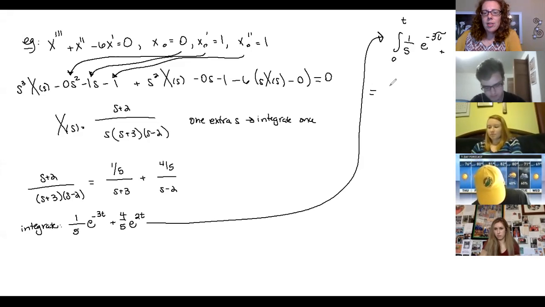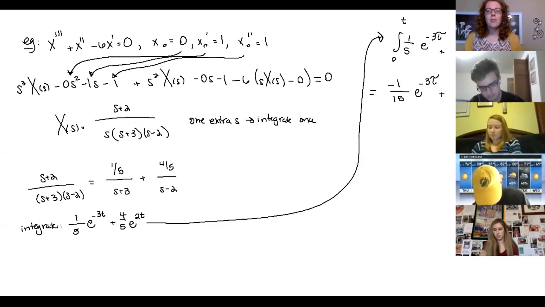Constants, when you integrate, are going to give me a negative 1/15 e to the negative 3 tau plus 4/10 e to the 2 tau, evaluated from 0 to t. We can cancel the 4/10 and make it a 2/5, but that negative 3 goes in the denominator and the 2 goes in the denominator.